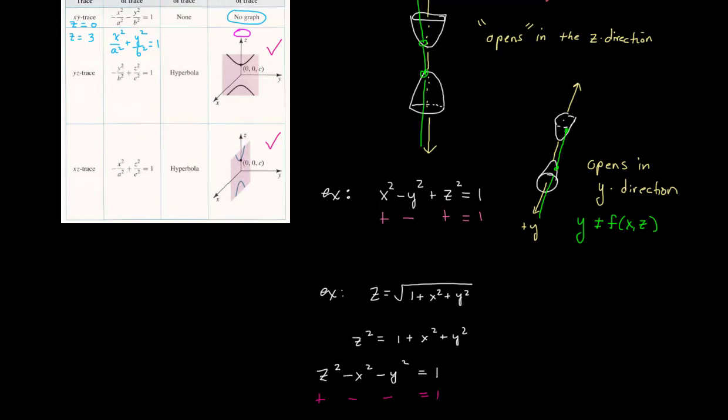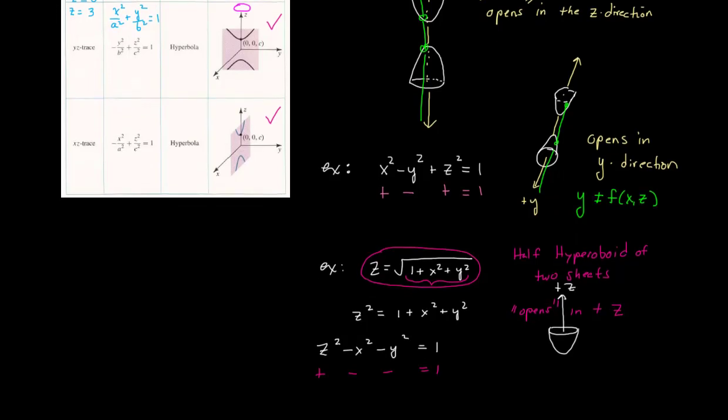and so this thing will open in the z direction. But if we come back to the beginning here, z is restricted, z must be positive, so this is going to be half of a hyperboloid of 2 sheets. And this one opens only in the positive z. Sort of weird, we call it half hyperboloid of 2 sheets, so really it's 1 sheet, but the general shape is that of a 2-sheeter, but this is only one of those 2 sheeters, as you can see here.